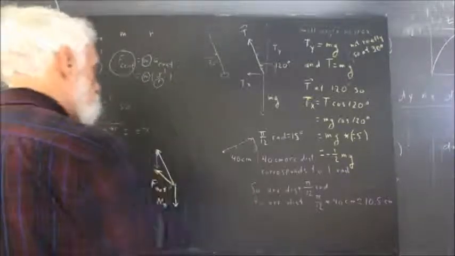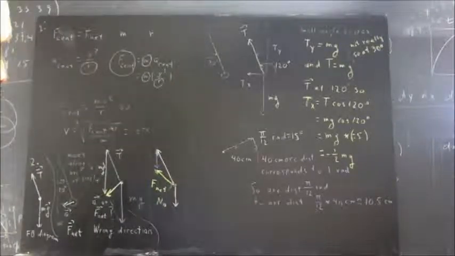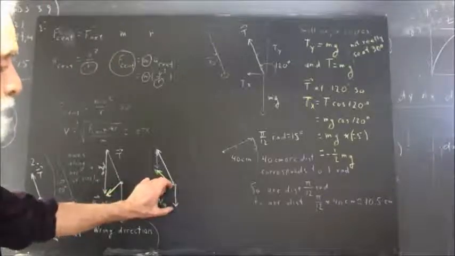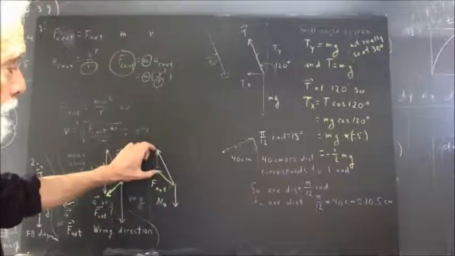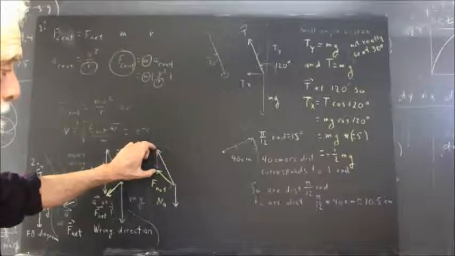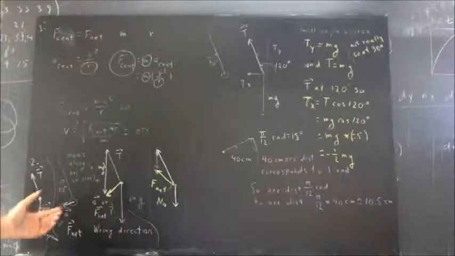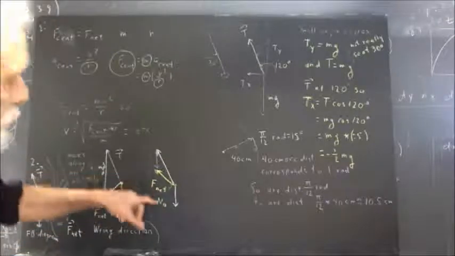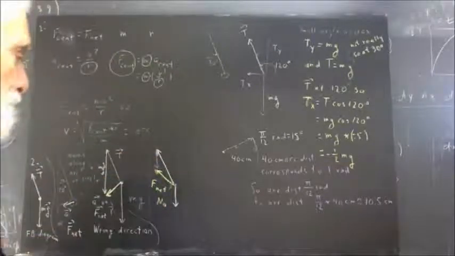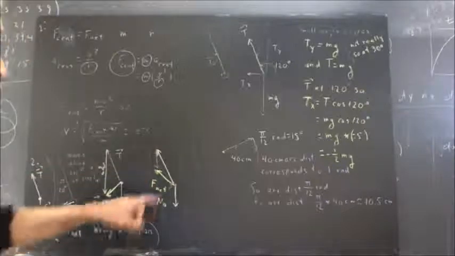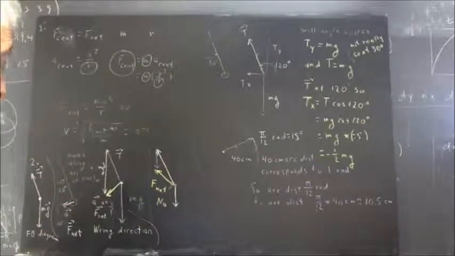Now, if you draw the two vectors the way they're drawn here, just to be clear where those two vectors are, this vector is too short. If you put this together with your tangent vector, you get a net force in this direction. Not only is it not 20 degrees below horizontal, it's not even below horizontal, it's way above horizontal. This would not be a good attempt at drawing the vectors to scale.